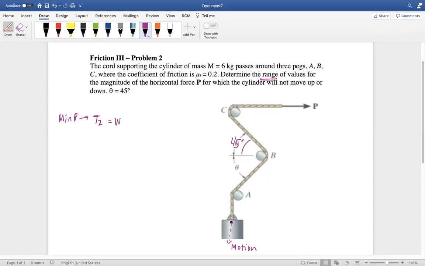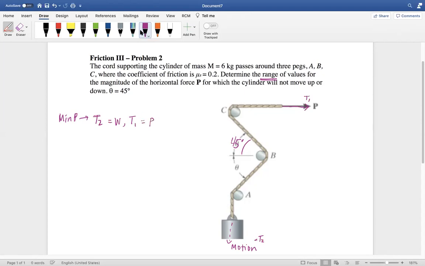Because if this block is moving down, the weight is what is pulling it down, right? T1 is what's opposing that motion. So this force is the thing that's not causing it to just straight up fall, right? So it's not 100% falling freely because you're resisting it up here. But so your P is opposing the desire for this block to fall down. Does that kind of clear it up a little?